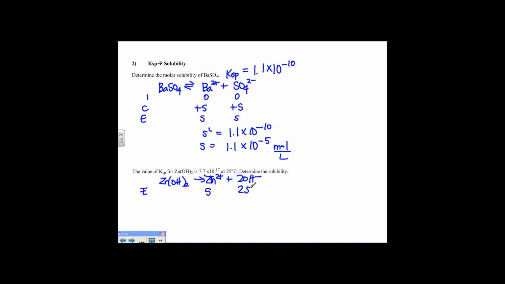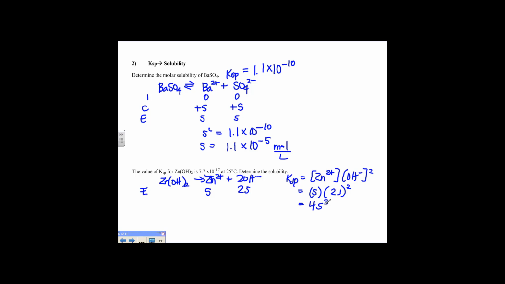Your ions always start at 0 and always increase in the ratio that is reflected in the equation. We have S and 2S. The key here is that we've got this 2S and we also have a KSP expression that considers that 2S. So we've got zinc times hydroxide squared. So we're going to have S times 2S all squared, which is 4S cubed.